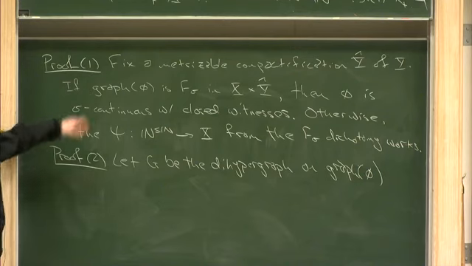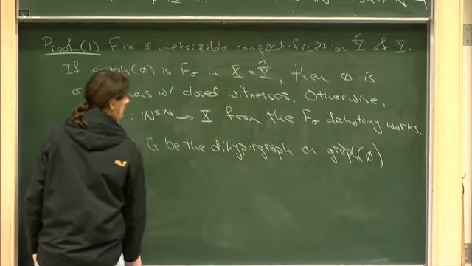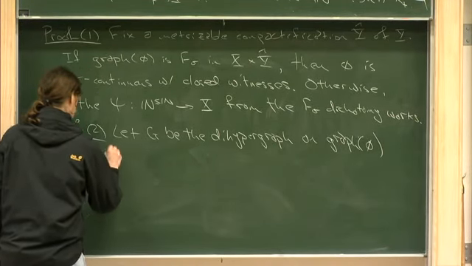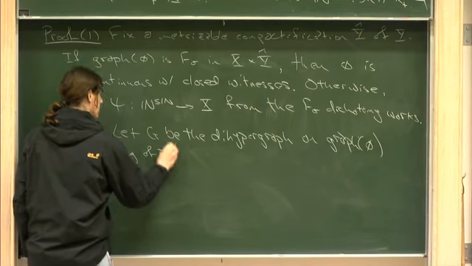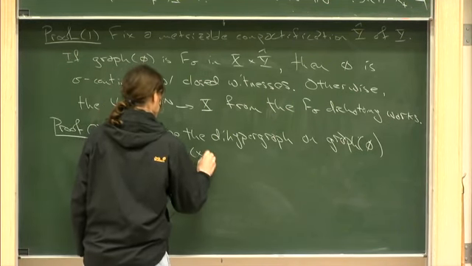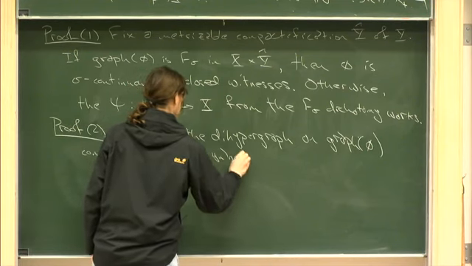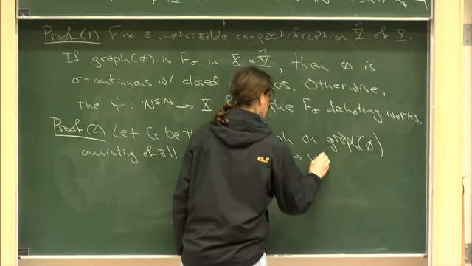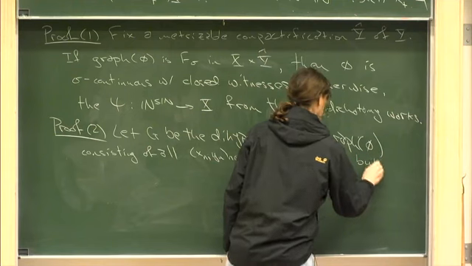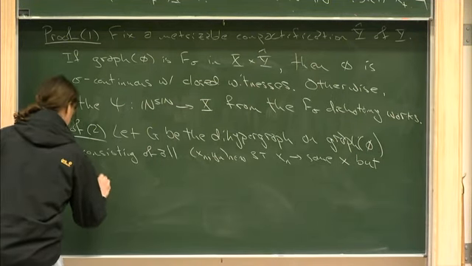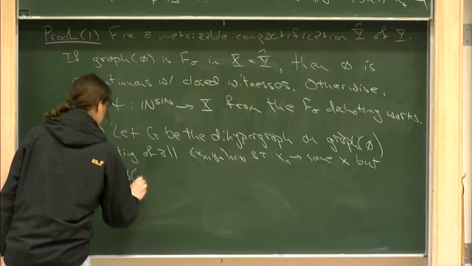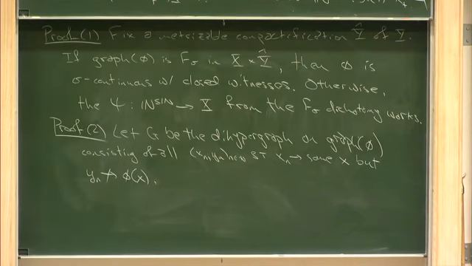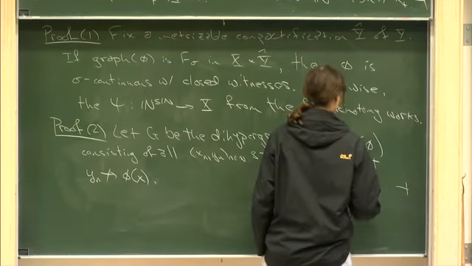So let G be the dihypergraph on the graph of phi, consisting of all sequences (xn, yn) for n in the naturals, such that xn converges to some x, but yn doesn't converge to phi of x. And again, you can check that this gives you the theorem. So that's just a sketch again.